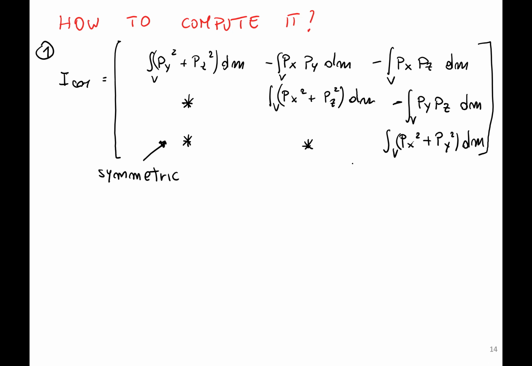The expression is quite involved. We should do the integral for all the directions. The property we can see here is that the tensor of inertia is symmetric, and so in general we don't do this unless we have very symmetric bodies, for which there are some easy ways to compute these integrals.